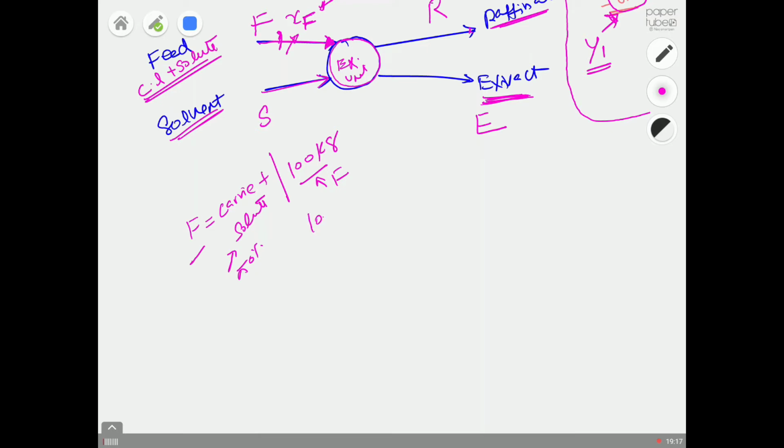So 100 multiplied by 50 by 100, that will be 50 kgs. Or if you express in terms of mass fraction, it's 0.5. You just divide 50 percent by 100, that will give you the mass fraction. So 0.5. So this one we are going to use some notation xf. So that's what I did.